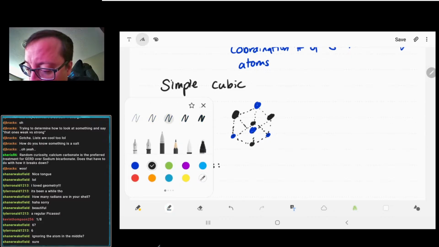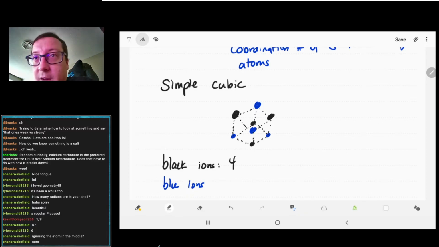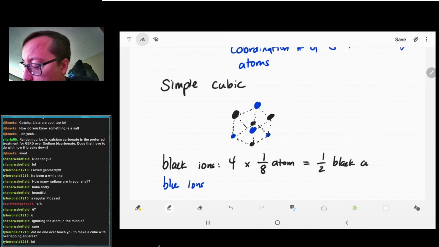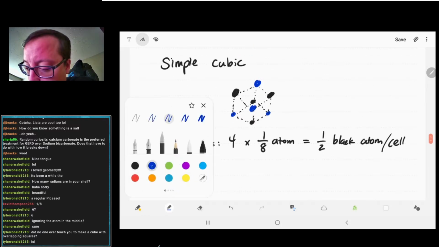So we're going to see that we have 4 black atoms times 1/8 of an atom each. So we have half of a black atom or ion per cell. And we're going to see for the blue one, it's going to be the same.